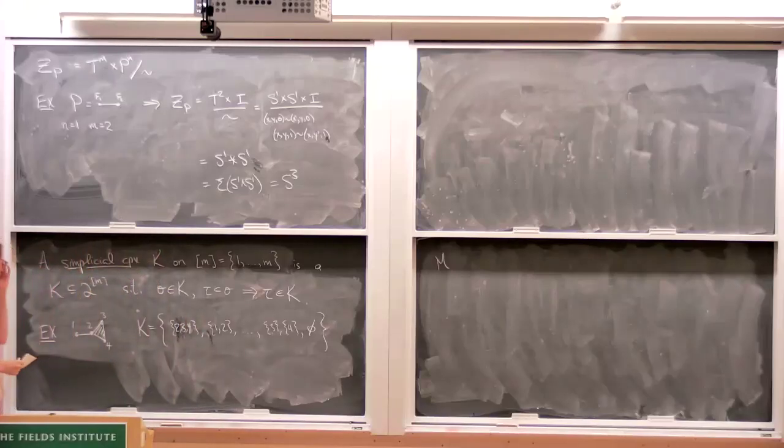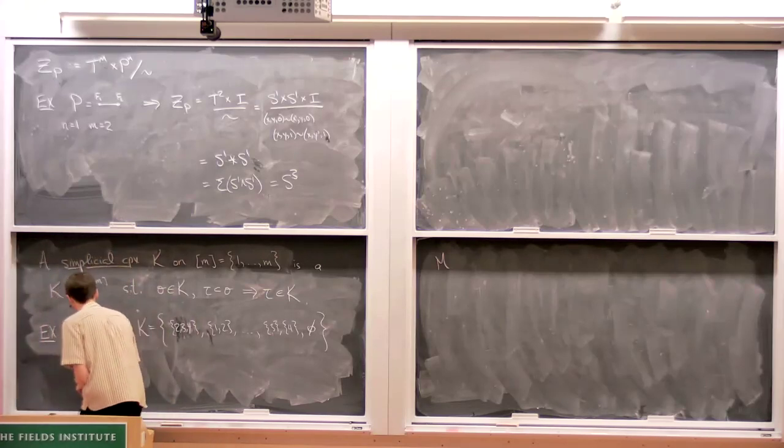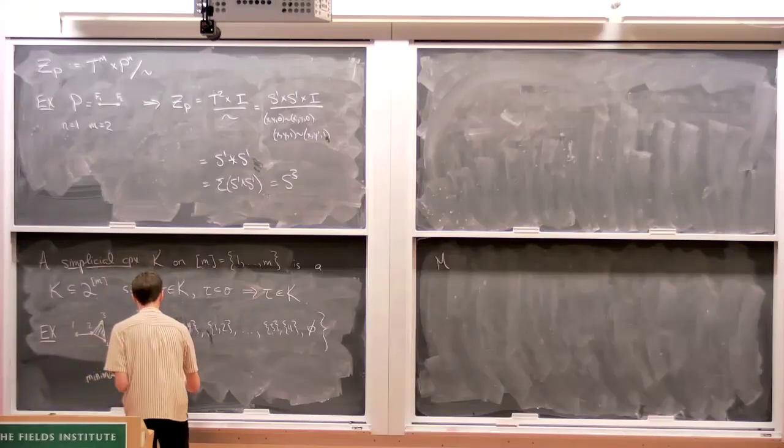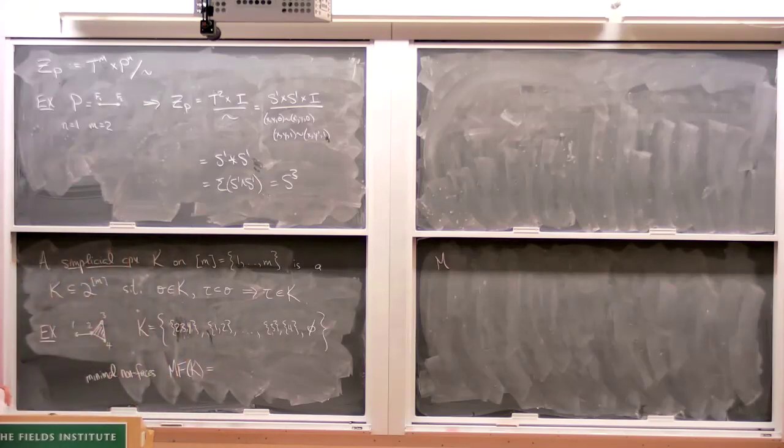Yeah, so notice it's enough to specify the maximal faces. And similarly, this will come up later when we talk about Stanley-Reisner rings, K is also completely determined by the minimal non-faces, sometimes called the missing faces. I'll write that set as MF(K). So what would that be here?